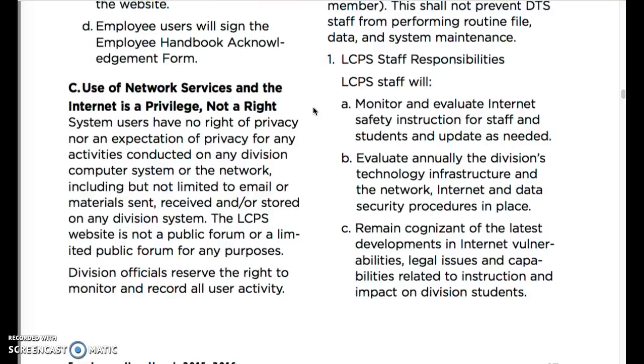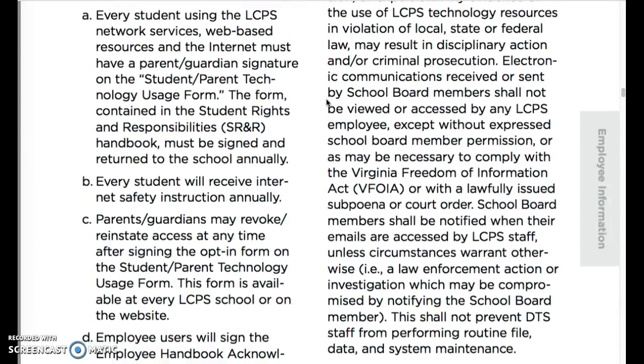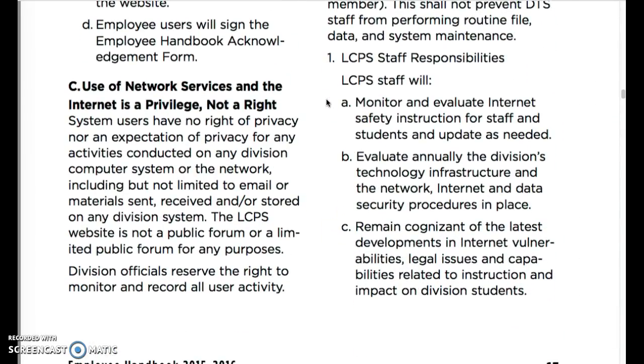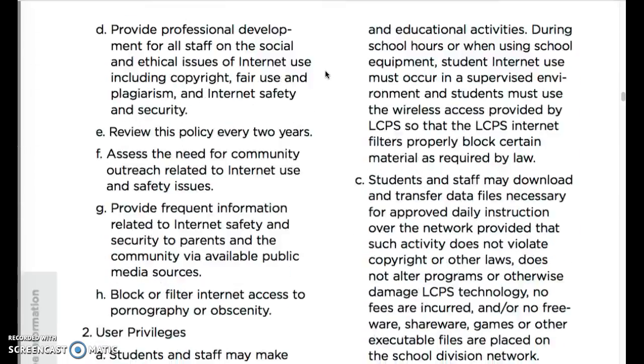Further down, it talks about the fact that the internet is a privilege and not a right, that it can be taken away from anybody, even employees, and it talks about the consequences for that. It also repeats and clearly states that the staff is responsible. So in every classroom, if you're using technology, your teacher is responsible for making sure that the internet is being used correctly and safely, and that whatever lesson plan you have with technology involved, you're able to manage and monitor it while it's happening.